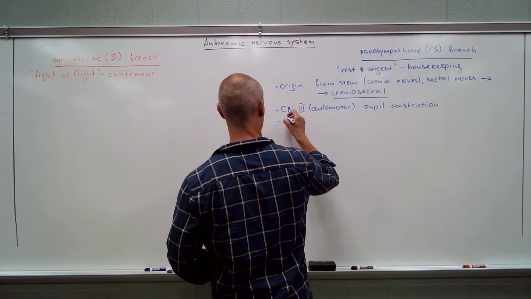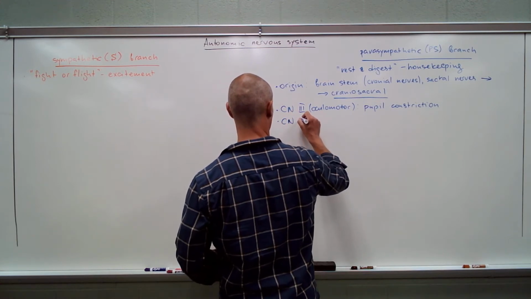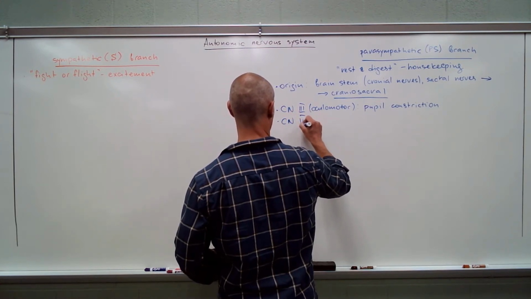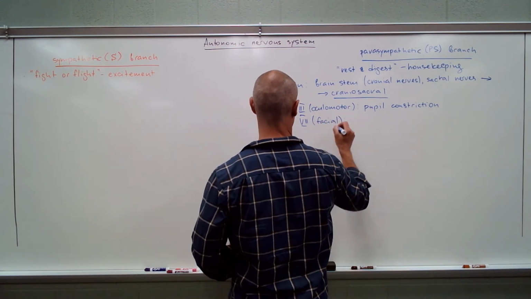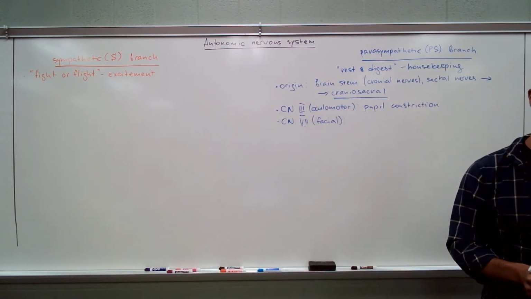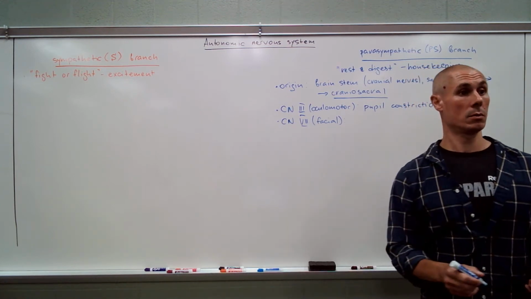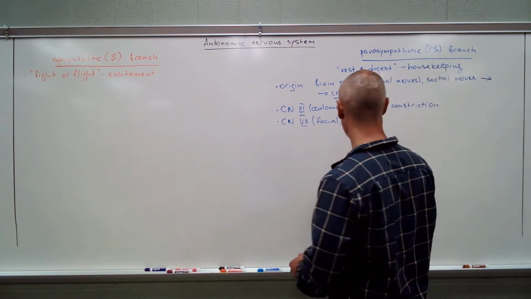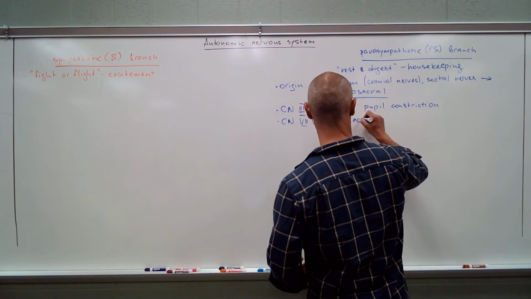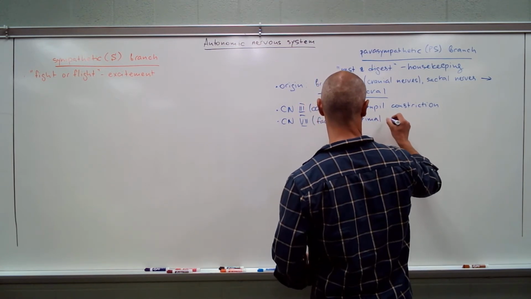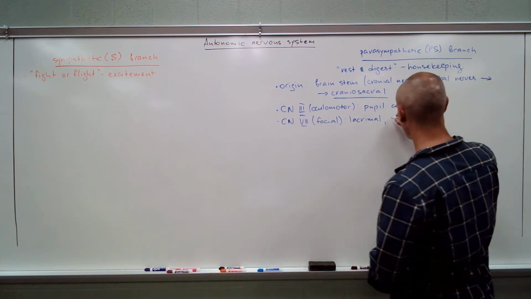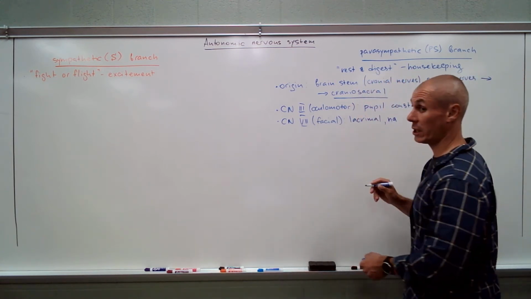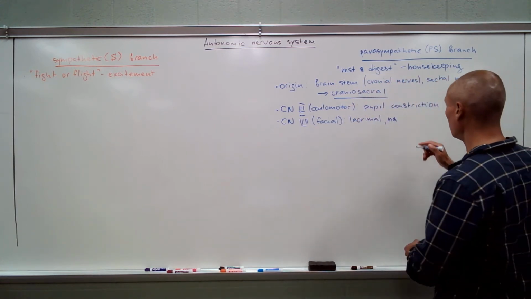Then you have cranial nerve number 7, which is the facial nerve. It has a whole bunch of functions, mostly glands in your head. So the lacrimal gland: crying, maybe reading a really sappy book.